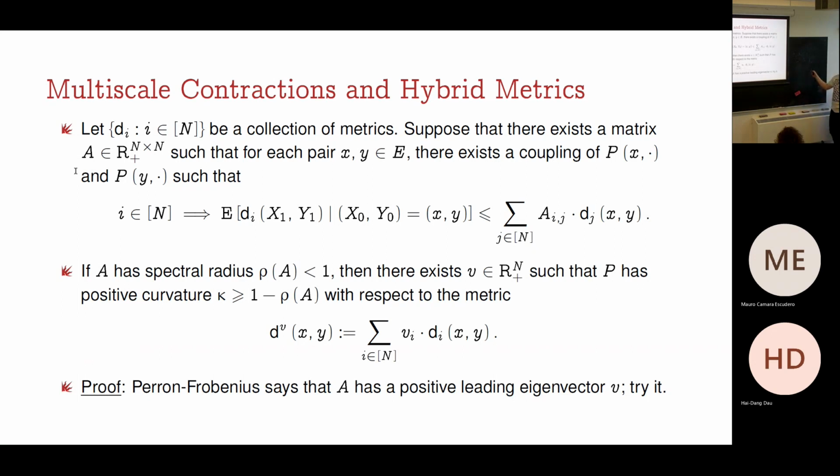And so we have a linear inequality. If we iterate this, you believe that if A has eigenvalues less than 1, you will decay eventually. The way we use Perron-Frobenius is to take the inner product of v with this distance vector. I get something which is a linear combination of distances with positive coefficients, so it's again a distance. And this thing will contract at this rate, because you're exactly extracting the eigenvalue of A on the left.